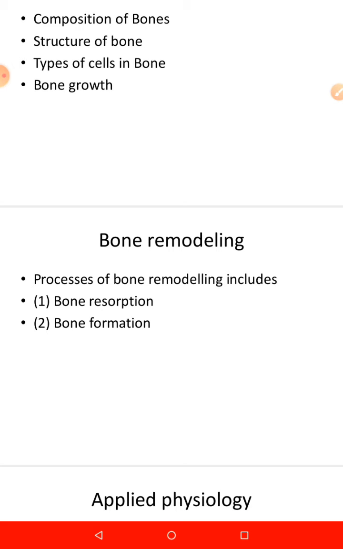This is because of the stimulation of osteoblastic activity and mineralization of the bone by repeated physical stress. Apart from physical stress, a variety of hormonal substances and growth factors are involved in regulating bone resorption and bone formation.